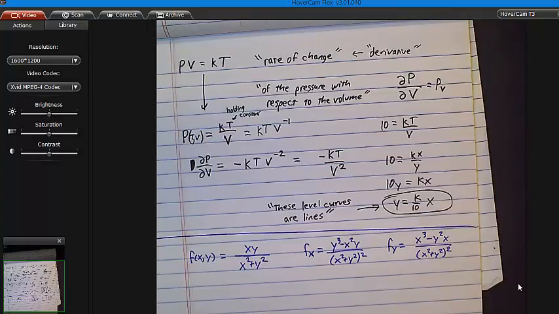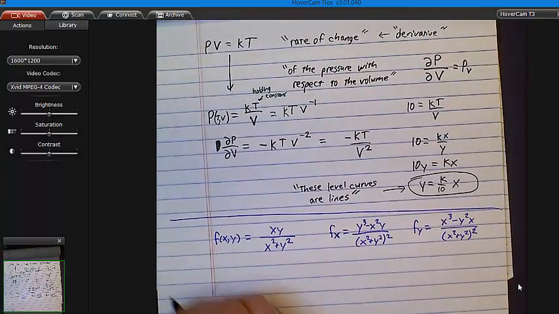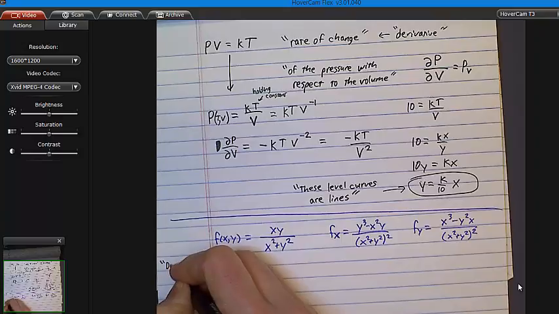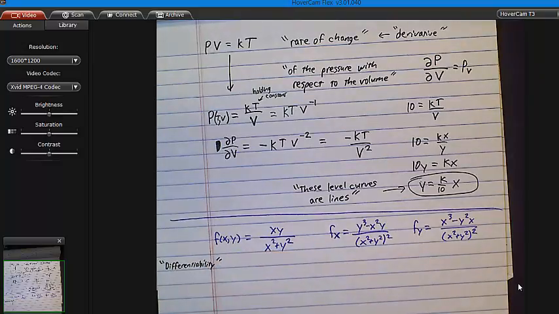So you'll notice that the one thing we didn't talk at all about yet in this section is this idea of differentiability. What does that mean again? What did it mean in Calc 1? That's what I'm asking. There was this thing about it implying continuity.